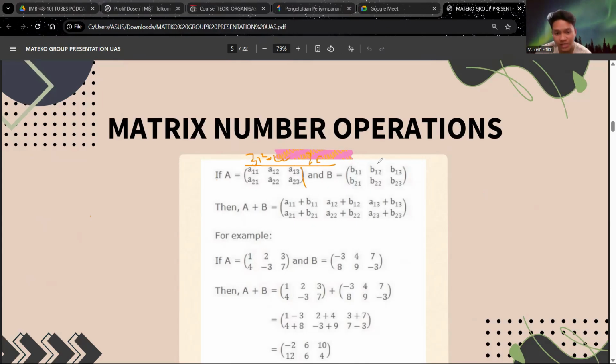And we also have B11, B12, B13, etc., also with 2 rows and 3 columns. Then, if we want to count A plus B, what should we do?